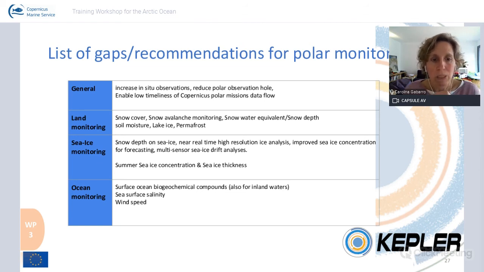Snow depth on sea ice is also an important point that we should solve. Also, sea ice concentration and sea ice thickness should be improved, especially during summer. And also sea surface salinity, wind speed, and biochemical compounds.